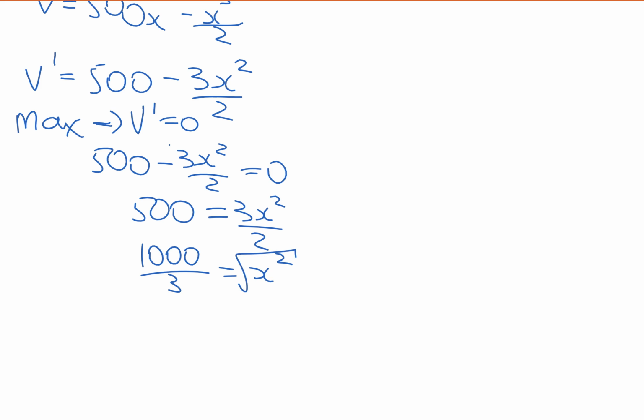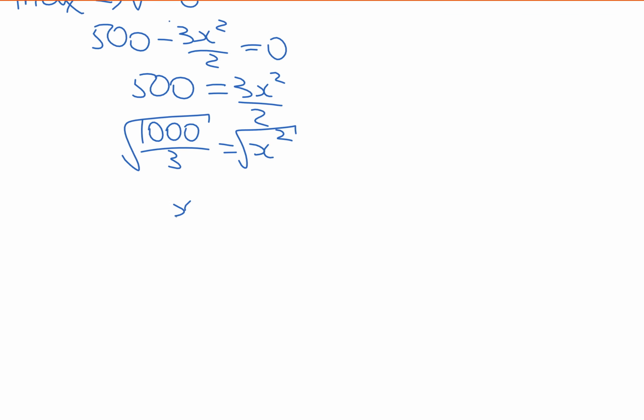So square root that, square root that. So x therefore is just the square root of 1,000 over 3, is that right? Plus or minus, because there is my maximum volume and my minimum volume. Well, you can't have a negative x on this particular occasion, can you?